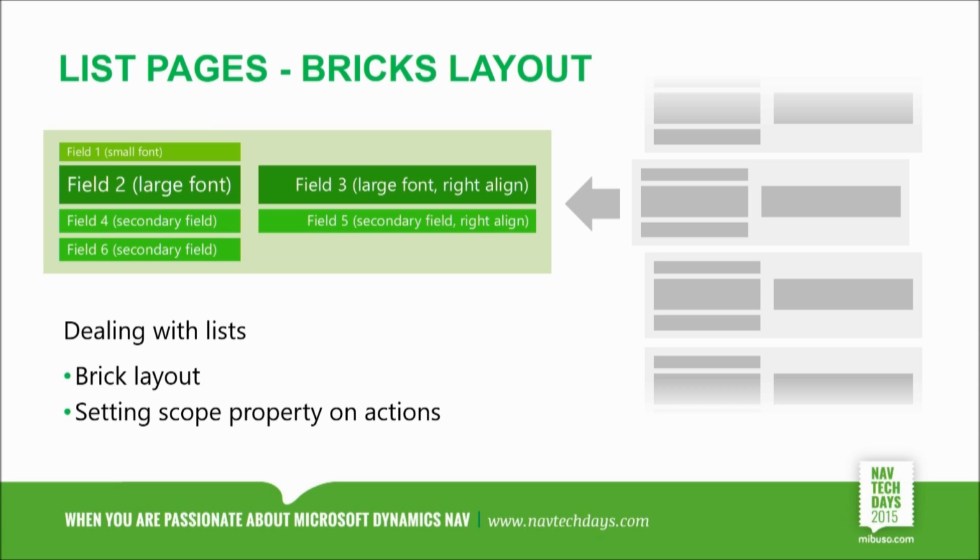Another thing to remember when you're dealing with lists on a phone is that you can make use of the scope property on the actions. If you would like your actions to appear on the action pane in the editing card that I just showed on the iPhone, you should set the scope property to repeater. In that way, you're indicating to NAV that your action is interacting with the row and is not interacting with the page. And of course, if you set the action on the page, then it will be shown in the action pane associated with the subform.